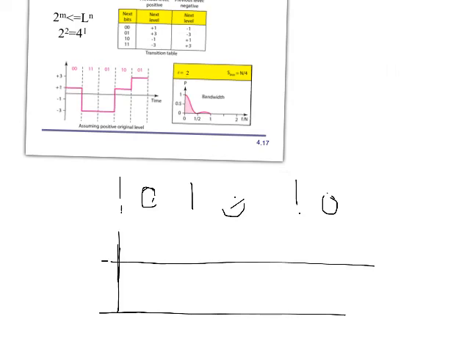So previously we said that we will map 1 0 to minus 1 all the time. But let's see now. The first 1 0 will be minus 1, right? What voltage level do I have? I have negative voltage. Then I have to go to which column? The second one.